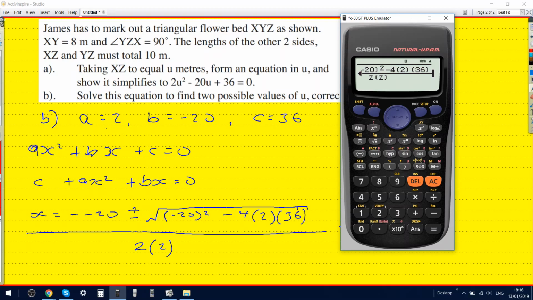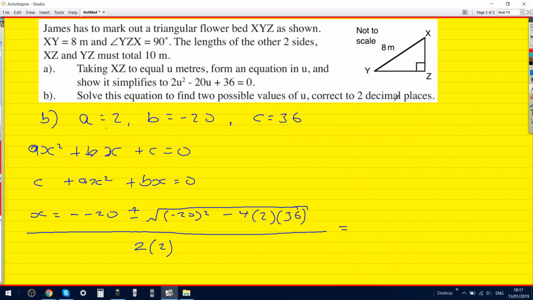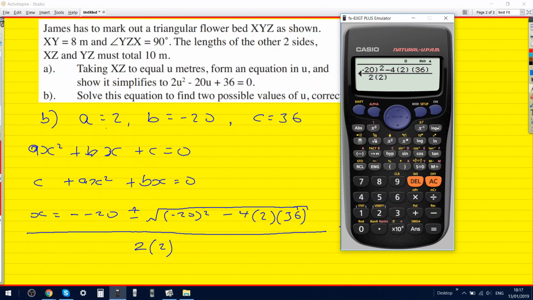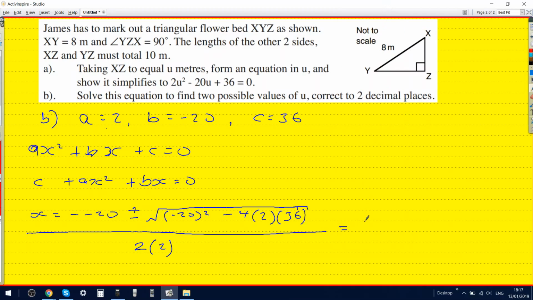Does it ask me to know something? Two decimal places? Yeah, 2 decimal places. Okay. So 7.65. Well done. Is it worth finding out the other one?